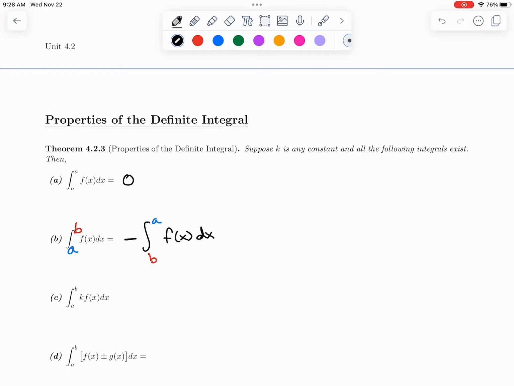What I like to realize about what this means, and this will make way more sense once we get to 4.5 and 4.6, is that we're going to be doing things called integral substitutions, and that can sometimes change the bounds of integration. And so what this is telling us is it's okay to have an integral like this.